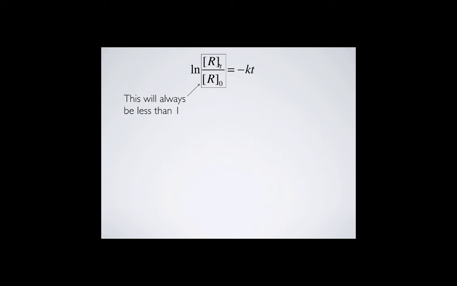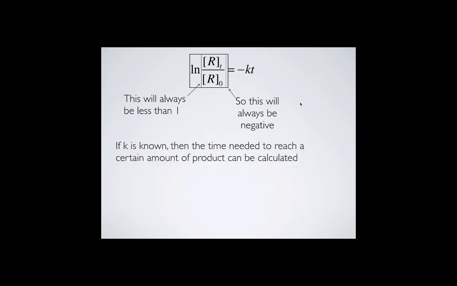So since the concentration of R at time t is always less than the concentration at time 0, this will always be less than 1, which means that this whole term with the natural log will always be negative. This is why we have the negative sign here, to make sure that we have a positive value for k, and we can only have a positive time t.